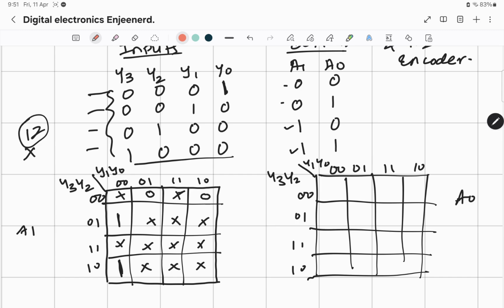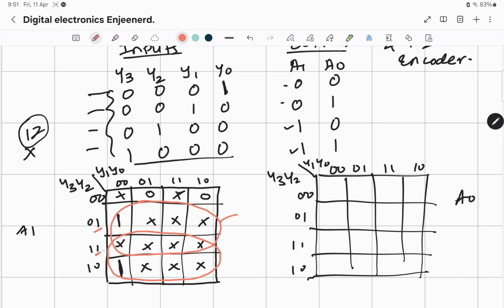Let us group them now. How do we group? I have to cover all the ones. So this is 1 here. A group of 16 is not possible. 8 is possible, yes. So this is one of the groups to cover this one. And to cover this one, I will have one more group of 8 here, right? So how do we write an equation for this? What is remaining the same here?